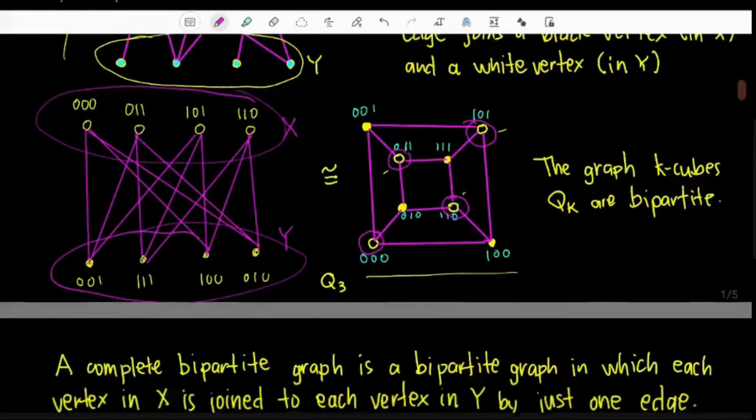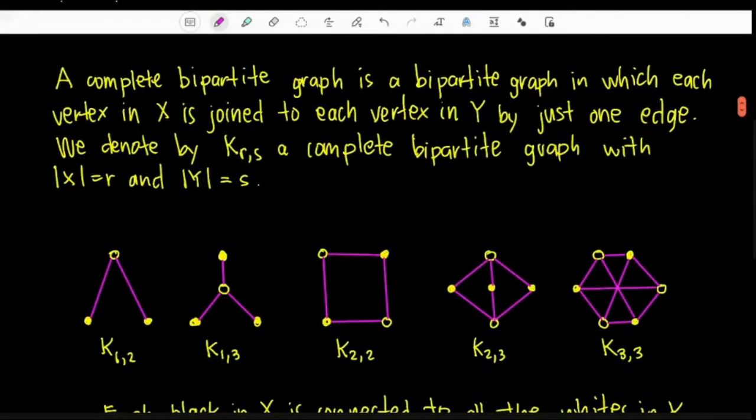But for a complete bipartite graph, any point on one set must be connected to each vertex on the other set. So if r is the number of vertices in X and s is the number of vertices in Y, then we denote this by K sub r comma s.